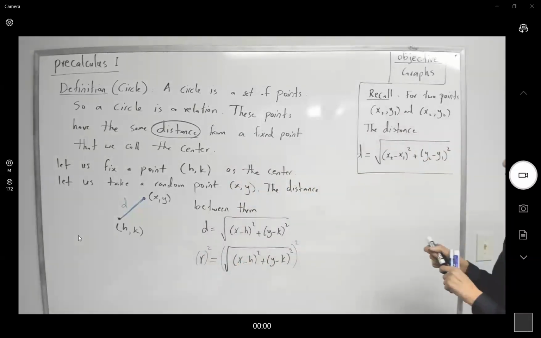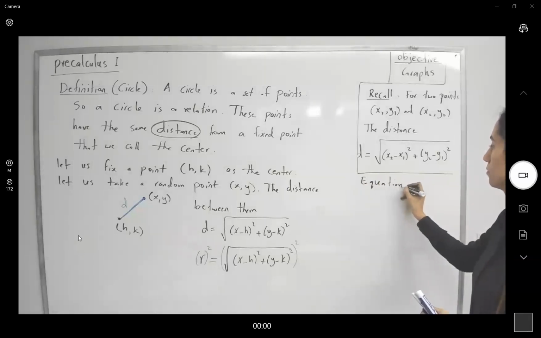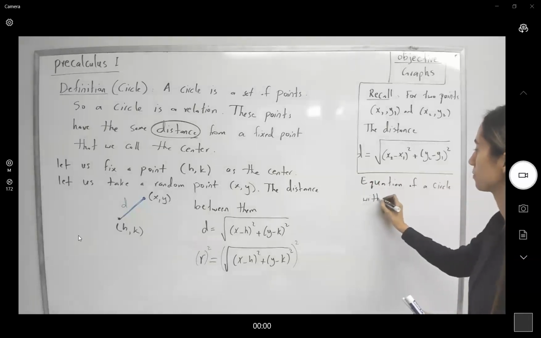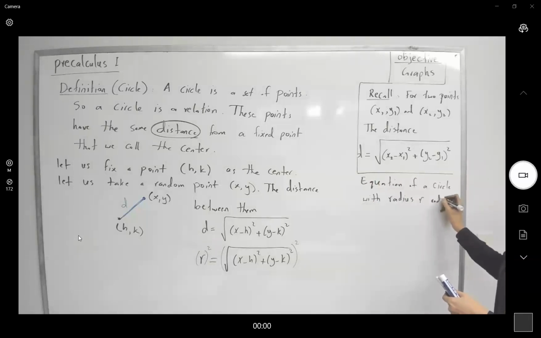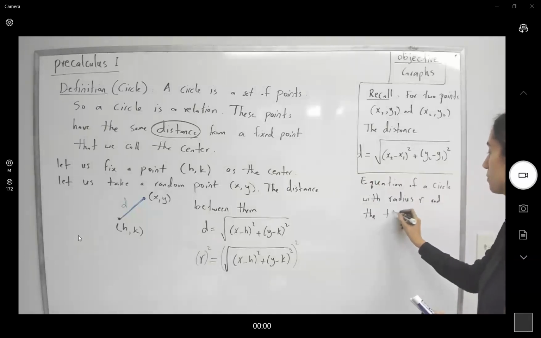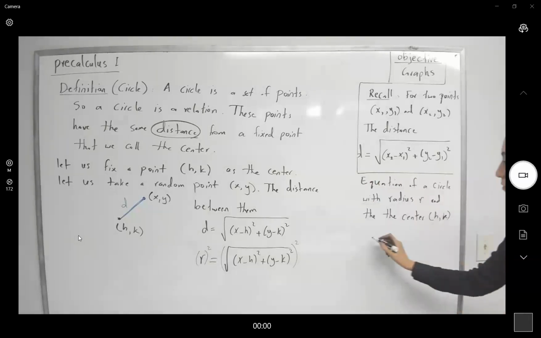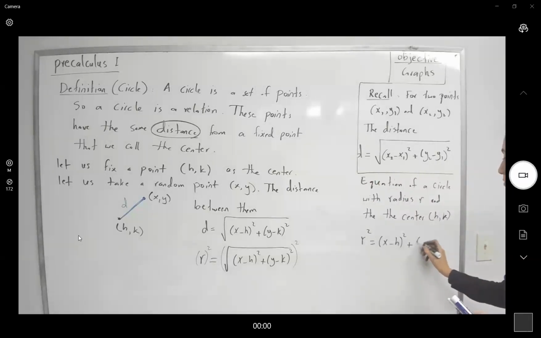Raise to the second, and what do we get? We get the equation of a circle with a radius r and the center h and k: r squared equals x minus h squared plus y minus k squared.